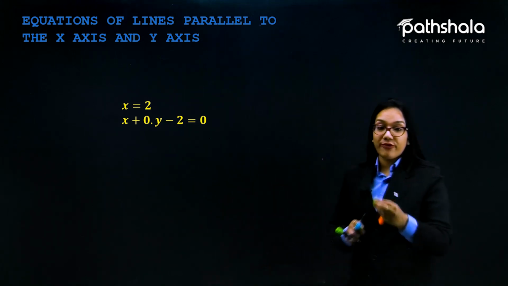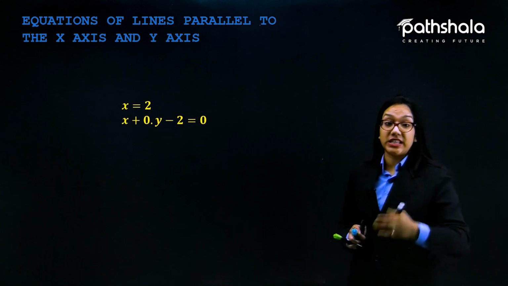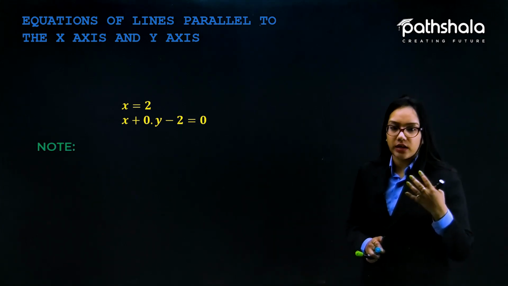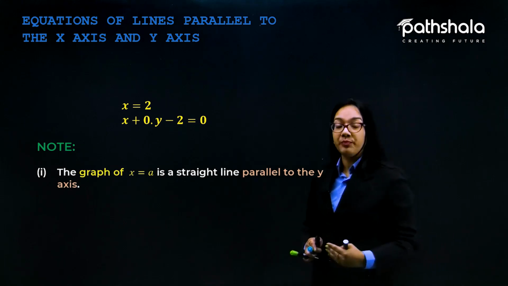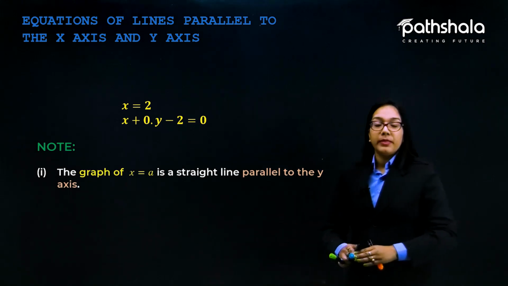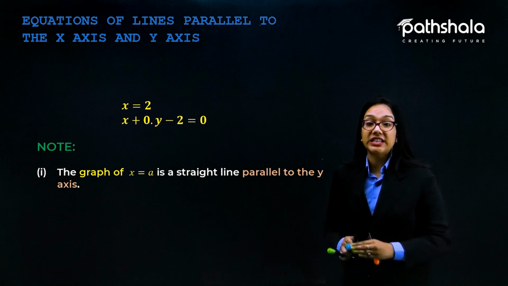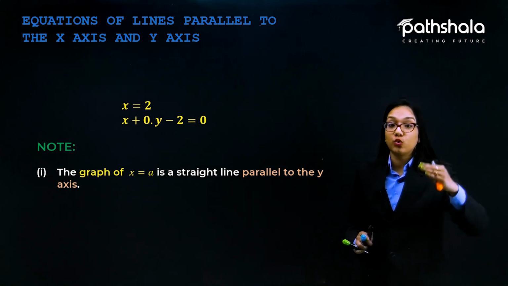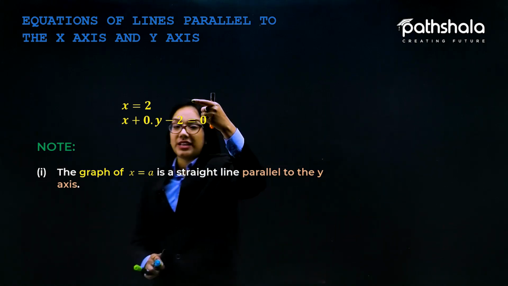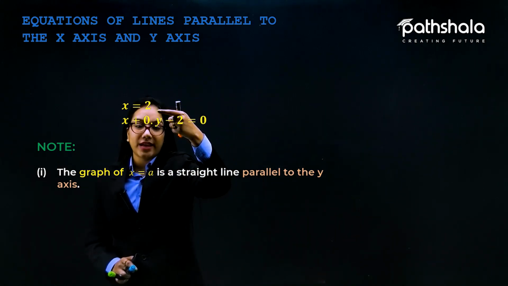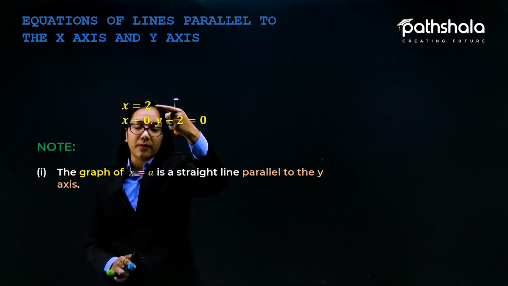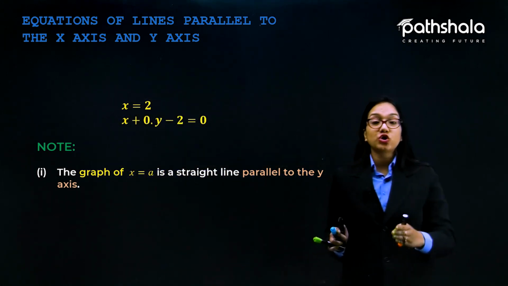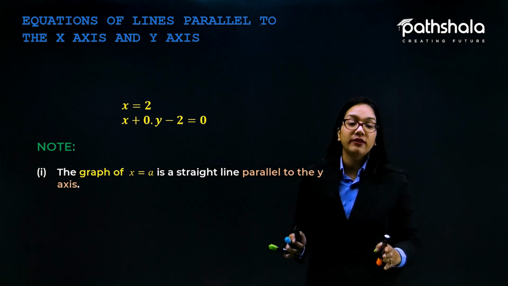Now there is a fact related to this x is equal to 2. So what is that? Let us suppose I'm talking about Note 1. Always remember, the graph of x is equal to a, with a being 2 over here, is a straight line which is always parallel to the y-axis.